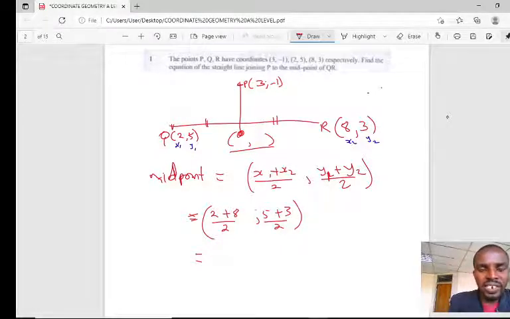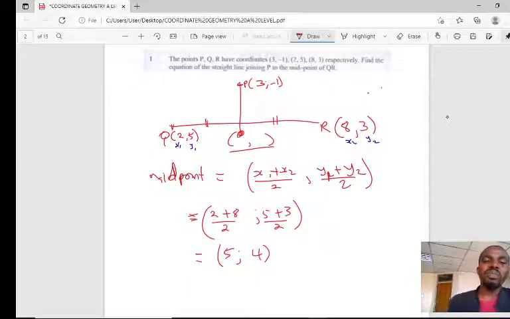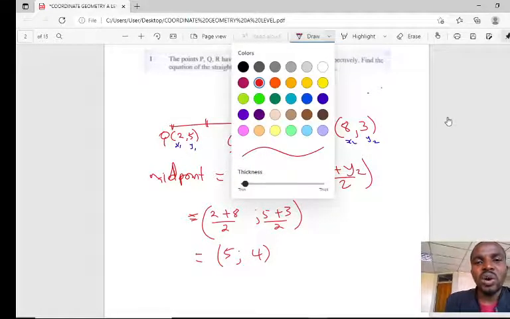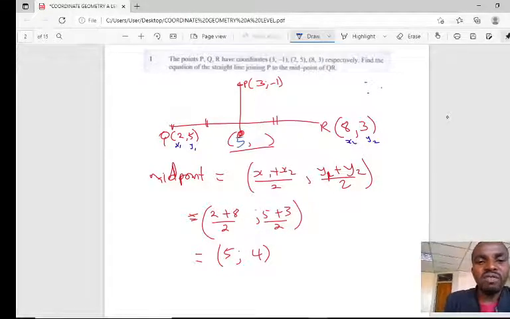2 plus 8 is 10, divided by 2 is 5. 5 plus 3 is 8, divided by 2 then you get 4. So these are the coordinates of the midpoint of this line. So it's (5, 4), like this.